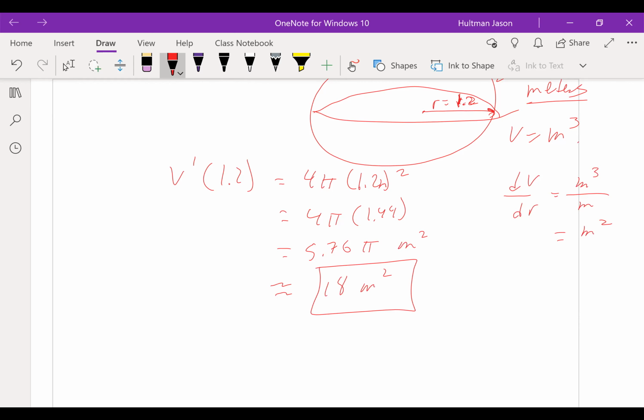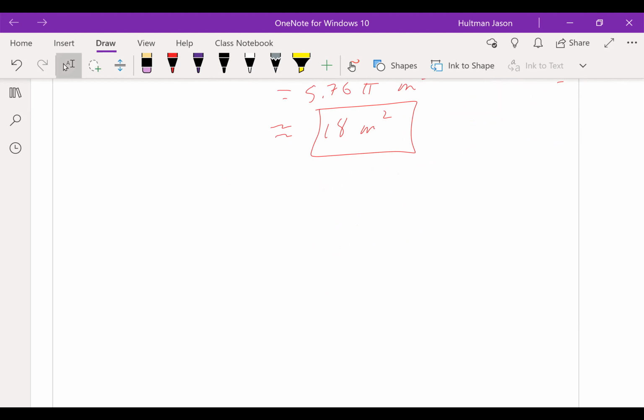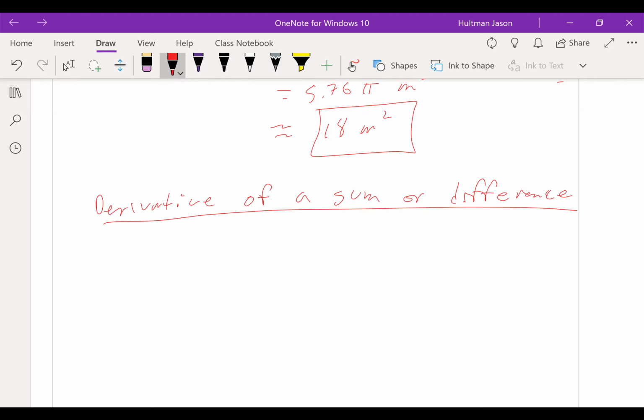Okay, so let's look at our last rule here for this section. The derivative of a sum or difference: d/dx of f of x plus g of x. You just take them individually.